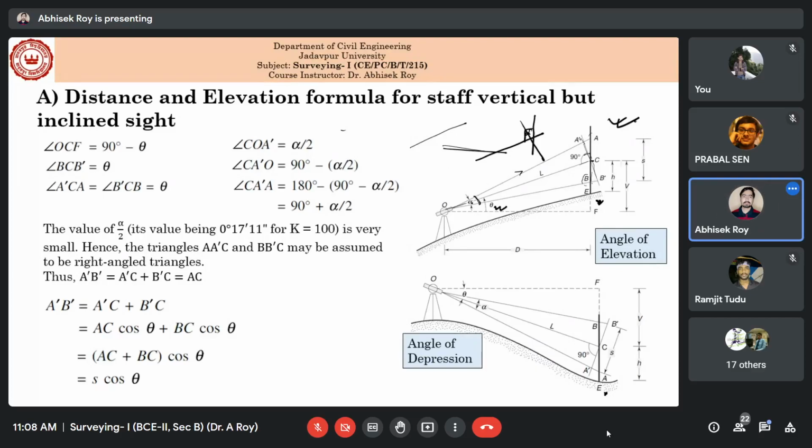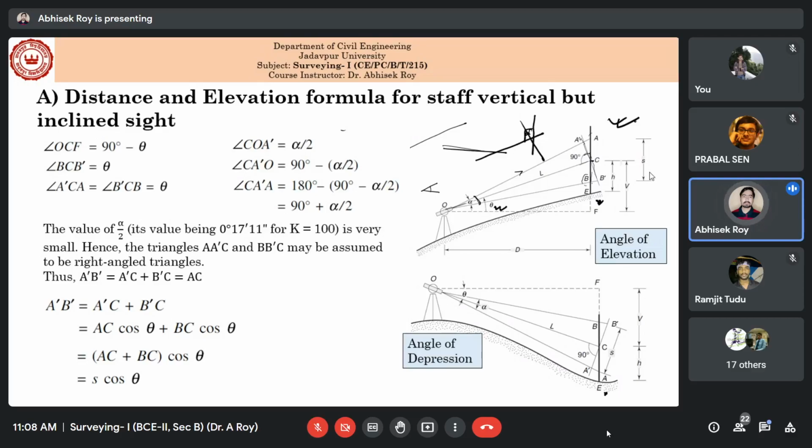So this angle we are denoting as alpha. That is the normal theodolite lens's angle, which is ideally very small, 0 degree, 18 minutes, 11 minutes or something like that. This data is there. So in this case, how will we measure the actual distance?